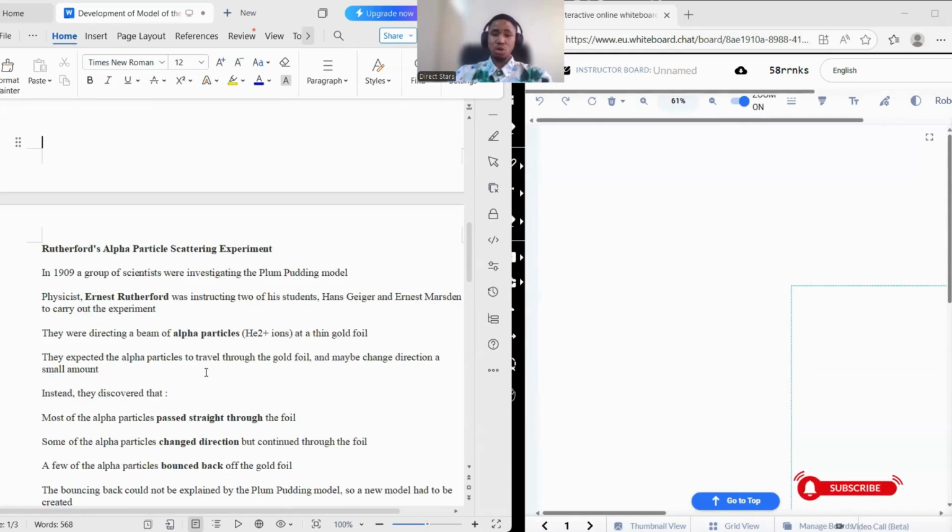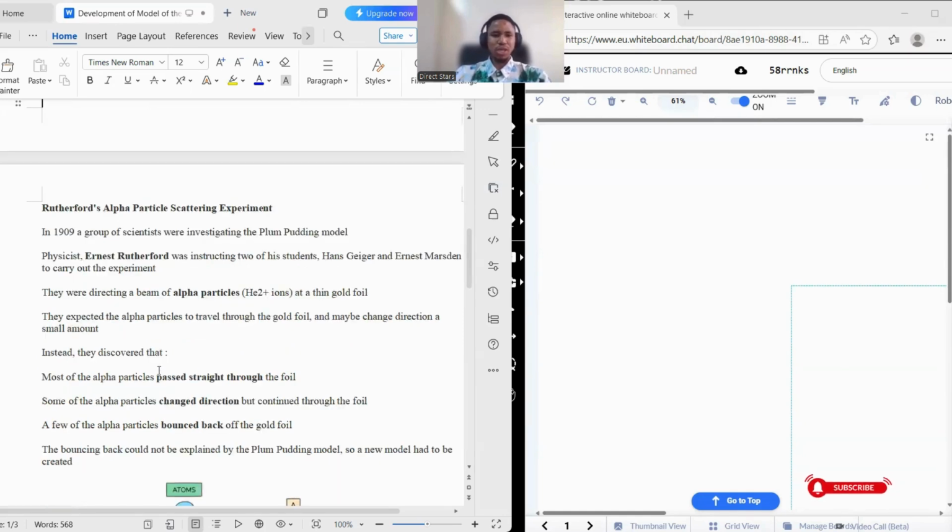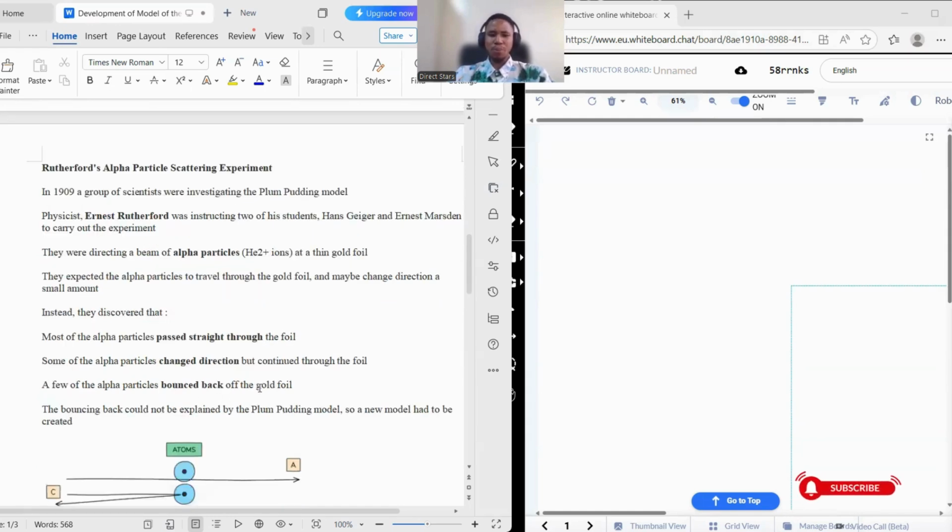They expected the alpha particles to travel straight through the gold foil, but things changed because the direction of some changed in small amounts. They discovered that most alpha particles pass through the foil, some change direction while some bounce back. That is what we call scattering experiment.